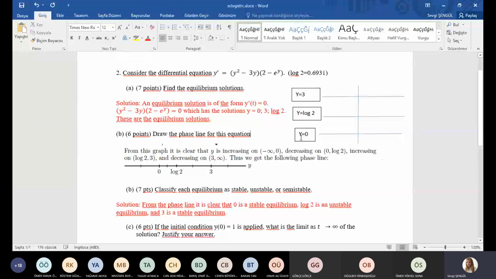So from negative infinity to 0, you are choosing one value. So choose negative 1 and plug it in here. Negative 1 squared is positive, 1. 1 minus 3 times negative 1: negative, negative, negative, positive. So this will give me a positive something. If I get any number less than 0, this will be positive, right?